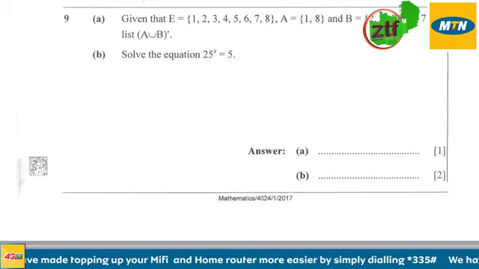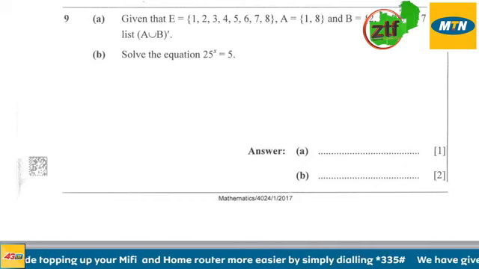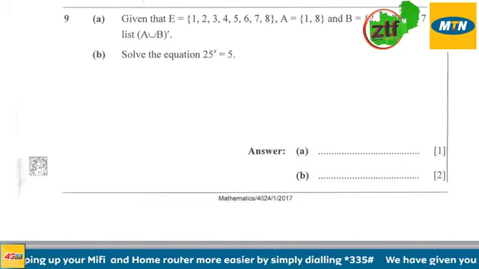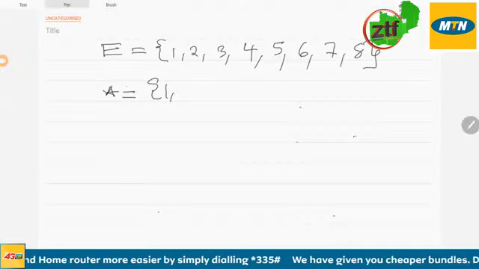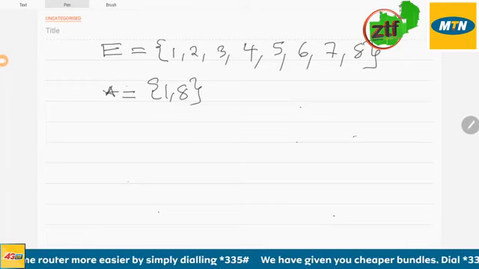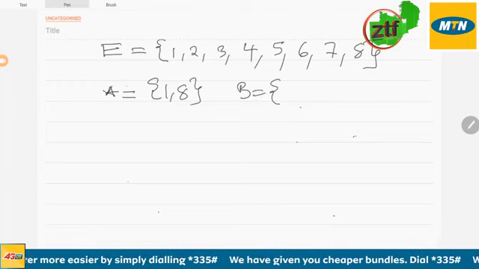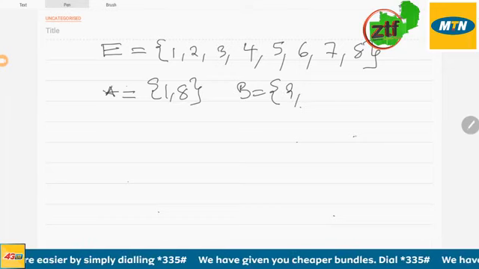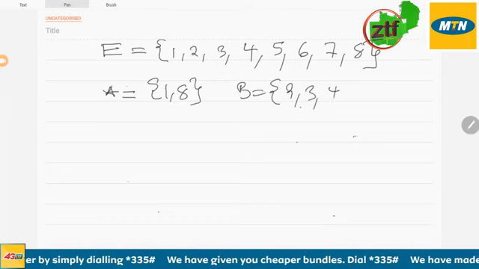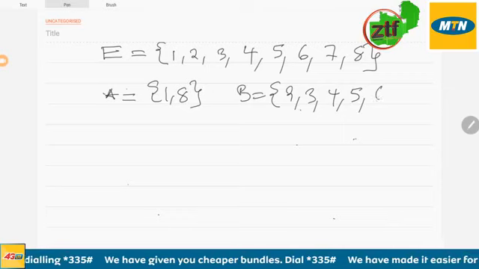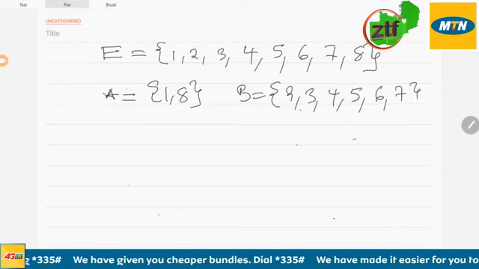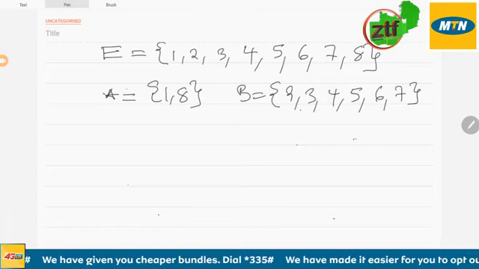Then from the universal set, 2 sets have been formed: set A, which has elements 1 and 8, and set B, which has elements 2, 3, 4, 5, 6, and 7. So from the universal set, we have formed 2 sets, A and B.